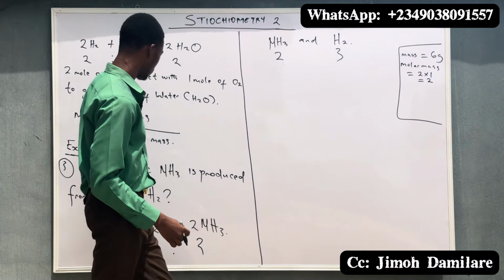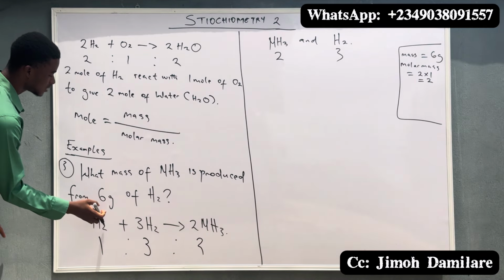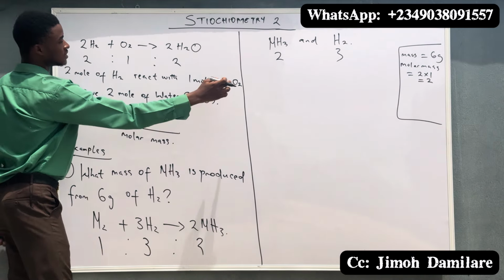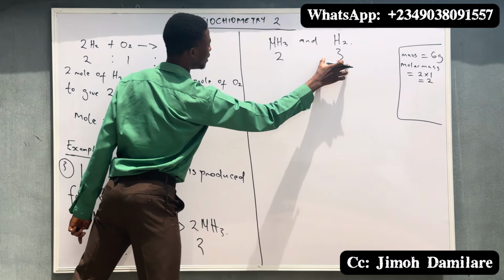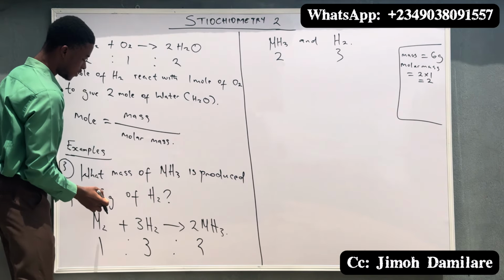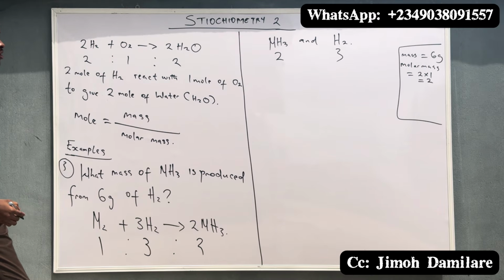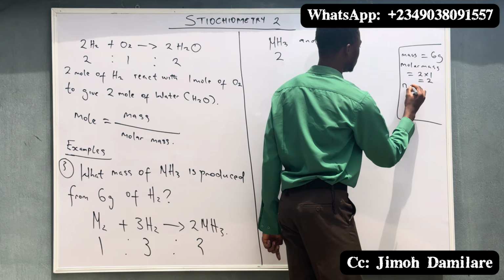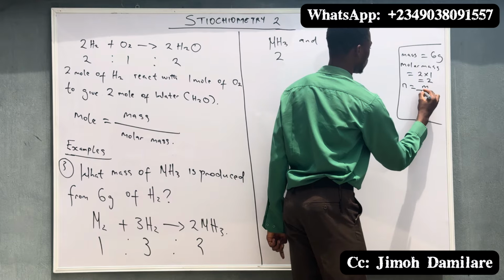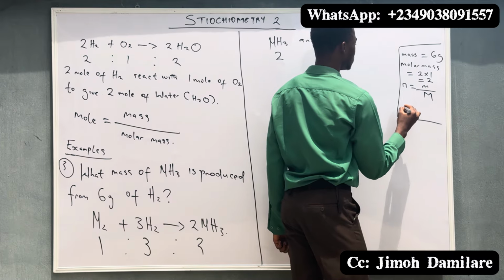We have to convert the 6 grams to moles in order to use it, because we can't use grams directly when these two are in moles. We know that our mole, n, is equal to mass, small m, over molar mass, big M.